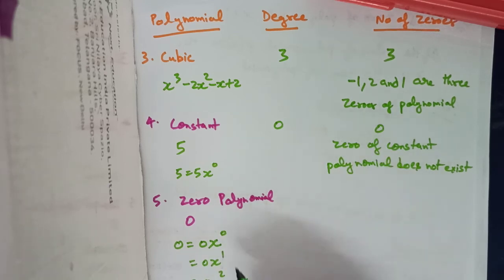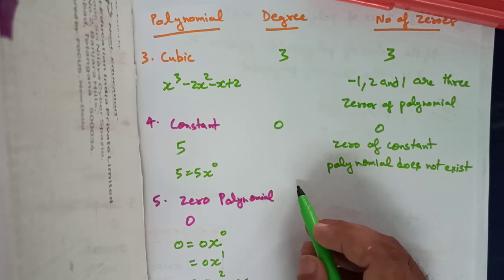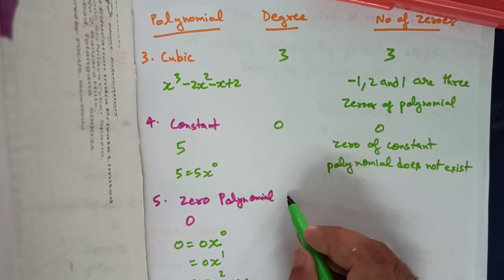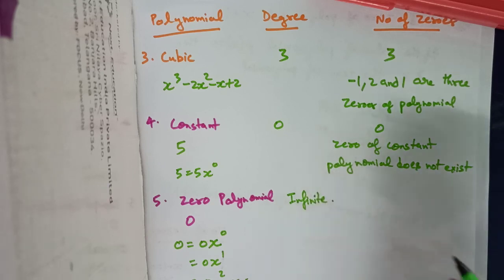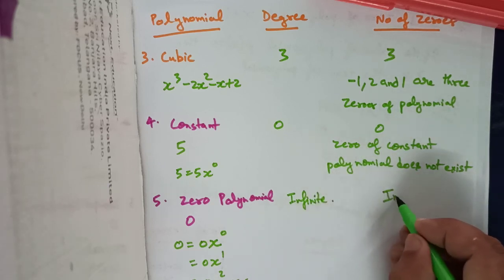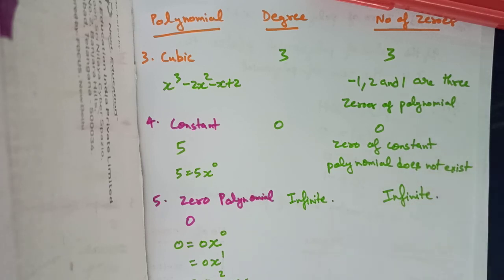So many numbers. So we do not have any fixed degree of a zero polynomial. So we say that the degree of a zero polynomial is infinite. Since the degree of the zero polynomial is infinite, it will have an infinite number of zeros.